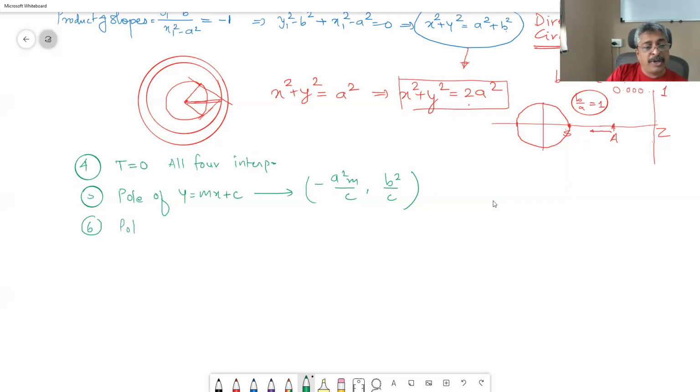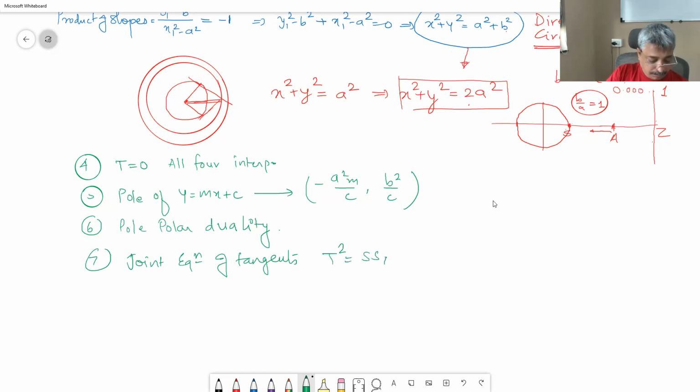So polar duality, 7, joint equation of tangents, which is T square is equal to SS1.